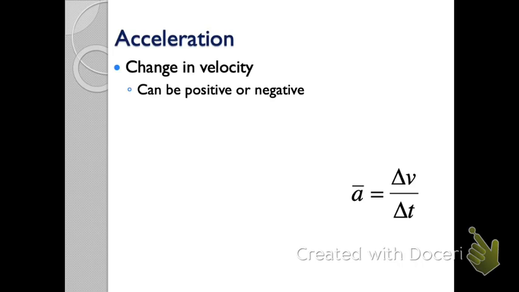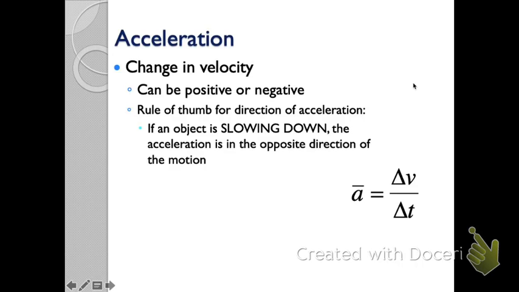But we said if something is slowing down, the sign of our acceleration and our velocity are opposite of each other. Okay? So here it is. If you don't have it written down, write it down now. If you are slowing down, the acceleration is in the opposite direction of the motion.